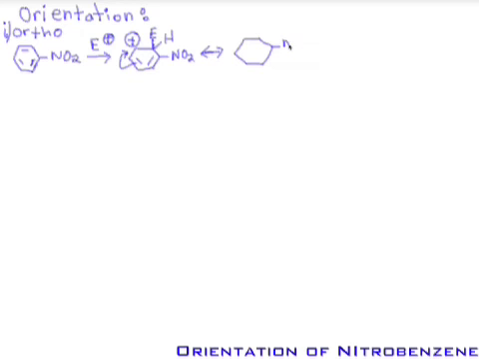I get my NO2. I still have the E and the H here. And I get a positive charge here. I now move pi electrons towards the positive charge.